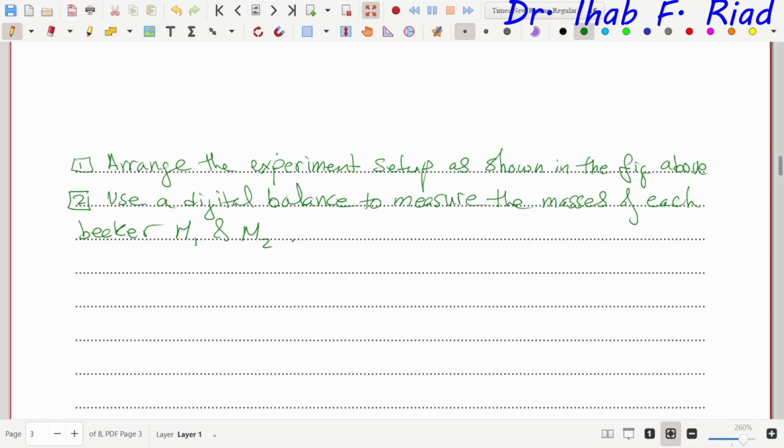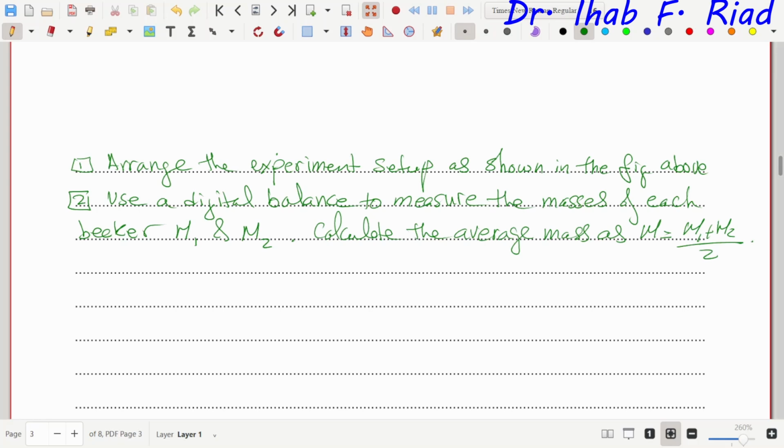Since we are given that they have the same mass, calculate the average mass as M equals M1 plus M2 divided by 2.